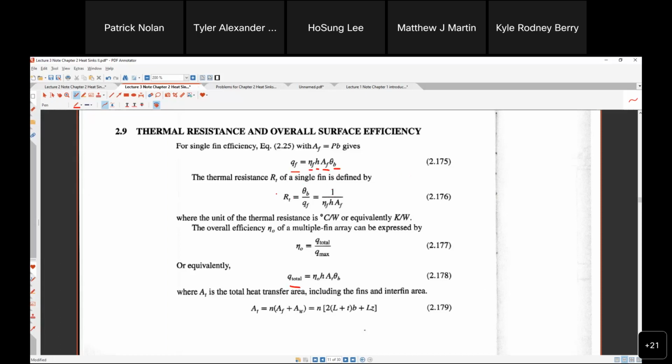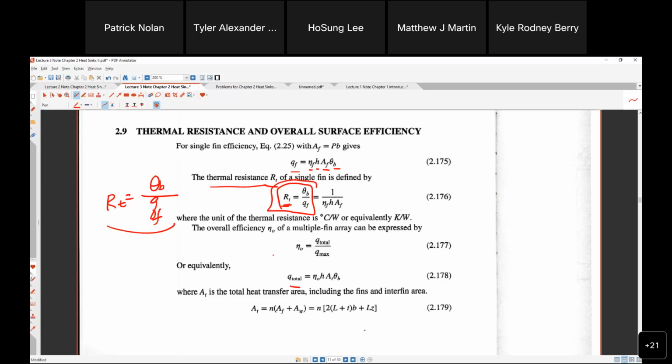Now a little bit of thermal resistance, defined as temperature difference over heat transfer. That is a resistance. You have to know that. Everywhere in thermal design, they use thermal resistance. Once you have the equation, immediately you can calculate temperature difference over heat transfer for single fin.